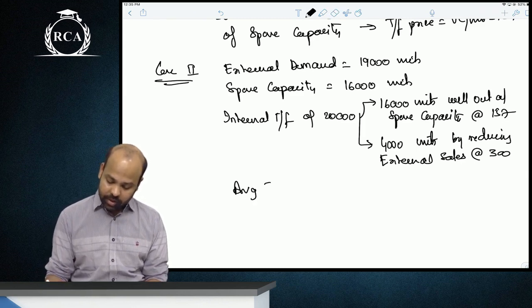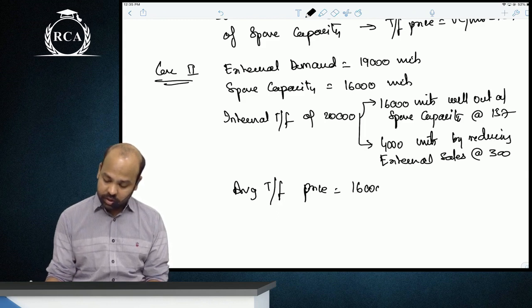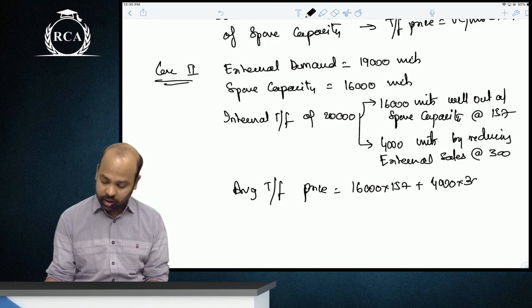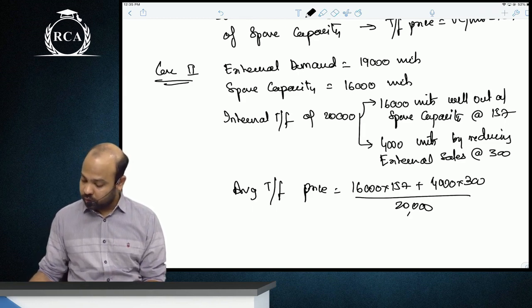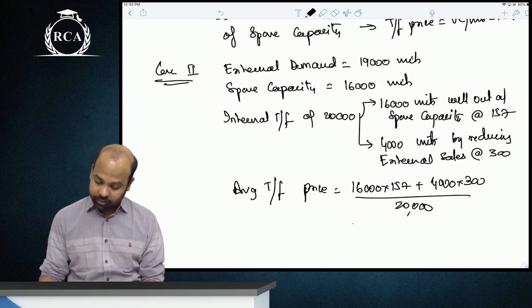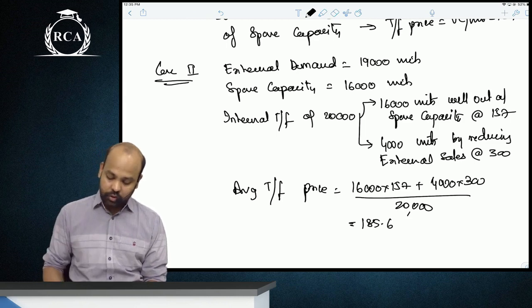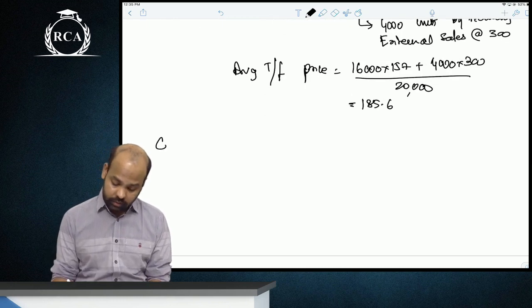So here my average transfer price would be 16,000 units at 157 and 4,000 units at 300, divided by 20,000 units. 4,000 into 300, 16,000 into 157, divided by 20,000 units. 185.6 rupees. This would be my average transfer price, guys, when the external demand is 19,000 units.